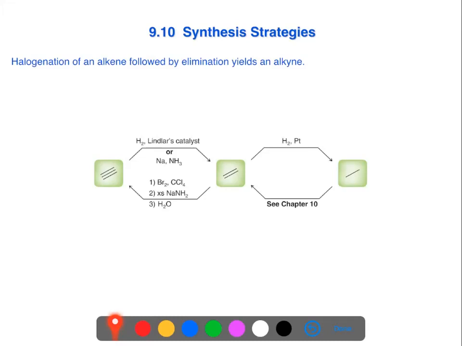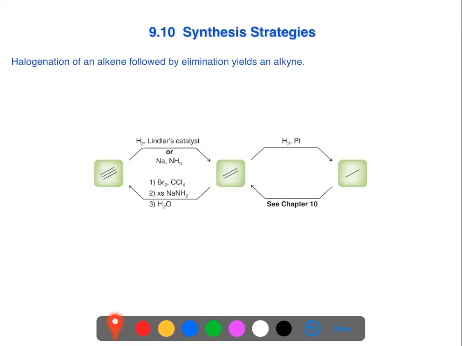But don't fret. Because we have the dihalo alkane, we can undergo two successive E2 reactions to form our alkyne. So recall that one common way to prepare an alkyne is from a dihalo alkane.